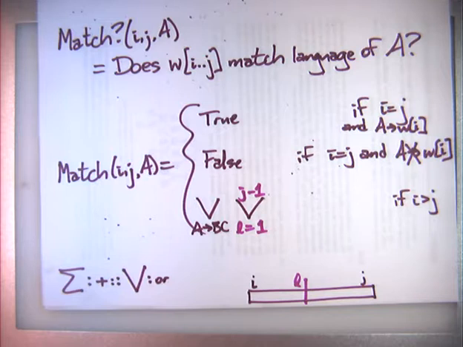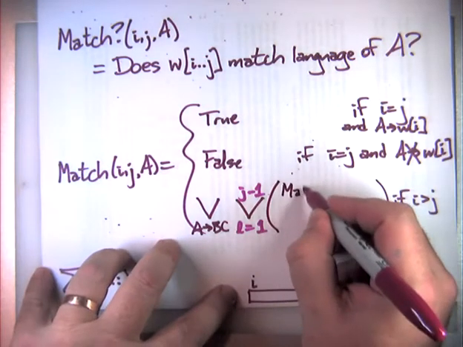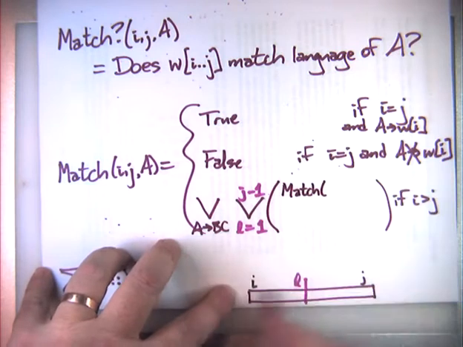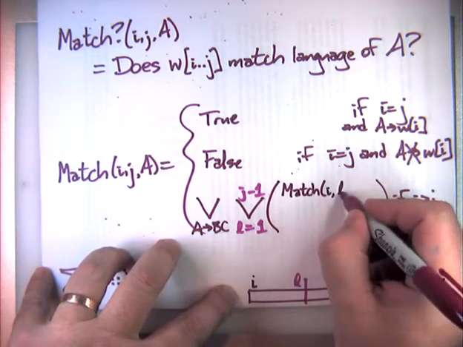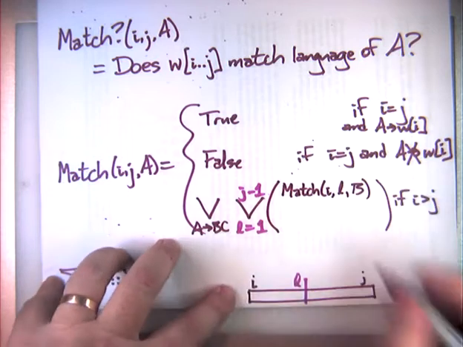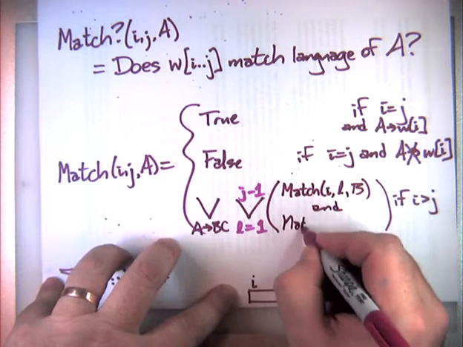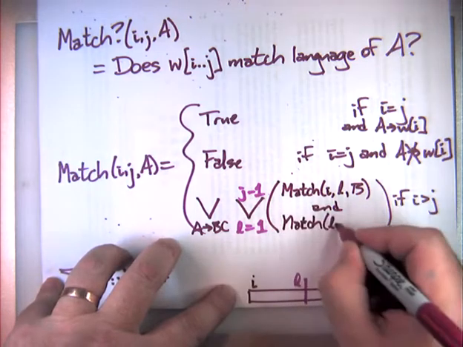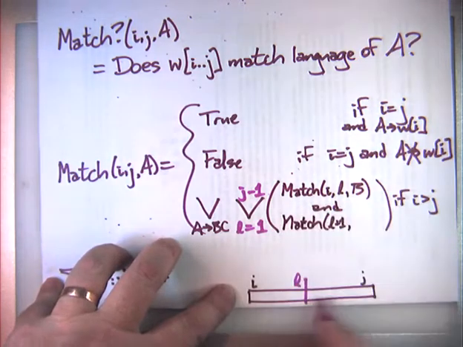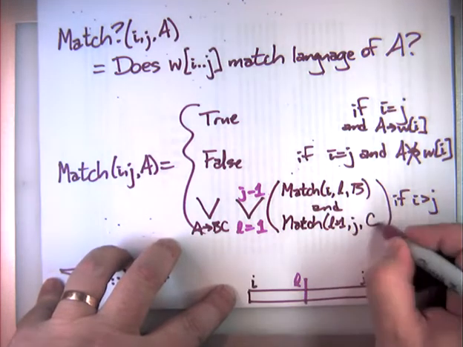And then, given the choice of production rule, and given the choice of how to split up the string, I need to do two things. I need to match the left part of the string, from i to L, against the first non-terminal in this production rule. And I need to match the right side of this string, starting at index L plus 1 up to j, for the other non-terminal.